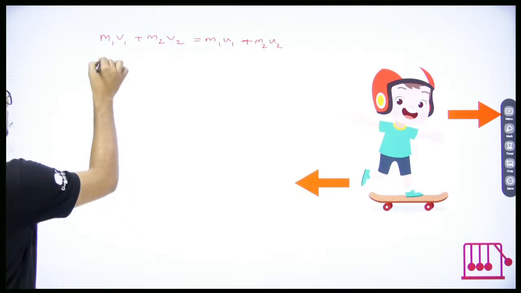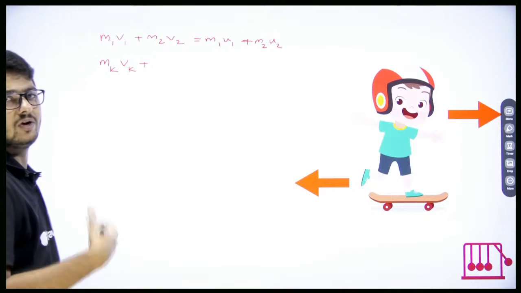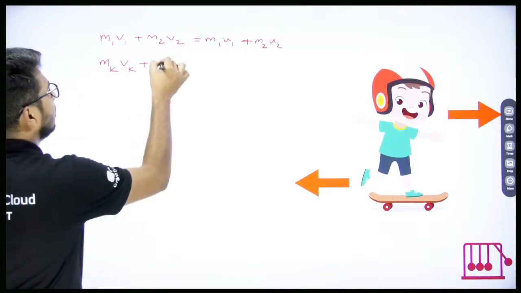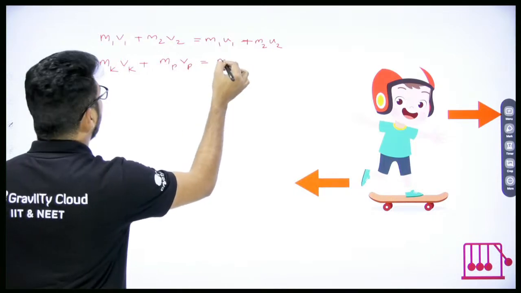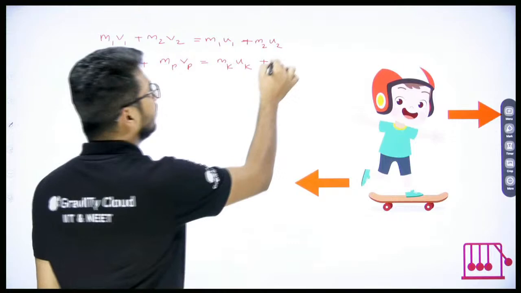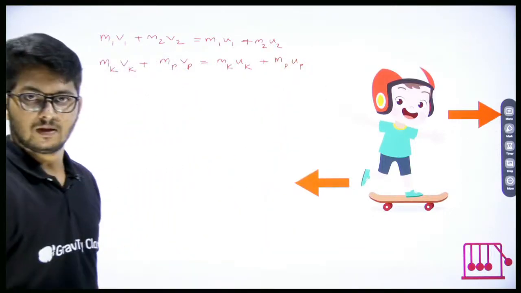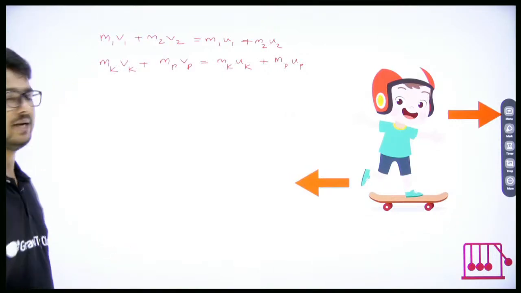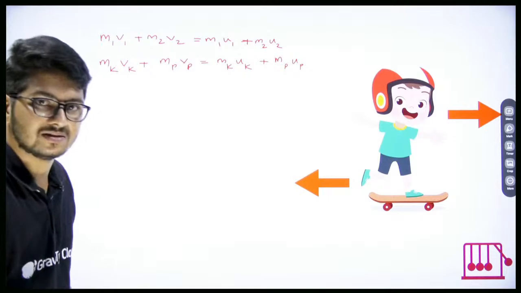Now what I'll do is, in place of 1 I'll write MK VK, 1 for kid, 2 for the plank. MP VP is equal to, again, MK UK plus MP UP. Now see, the calculation is very simple. It might appear big, but the calculation will be very simple in this particular case.